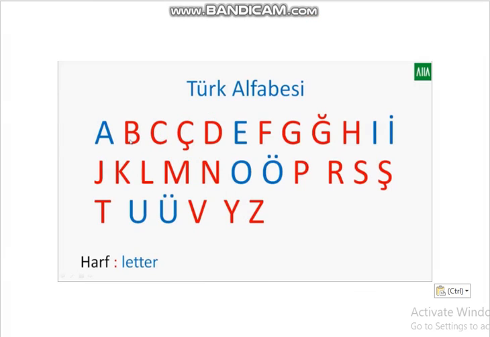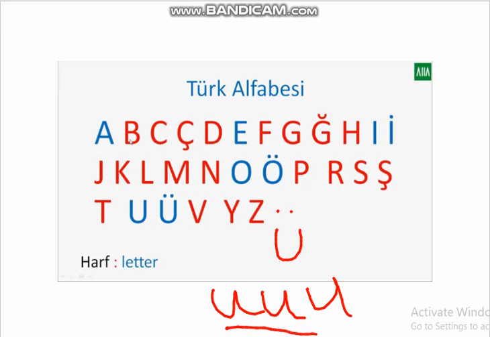But this U over here, the one with two dots on it, you just make it Ertuğrul, Ertuğrul. You have to elongate it as much as three U's. Okay, get it? Now, V, Y, and Z have the same meanings, same pronunciation.